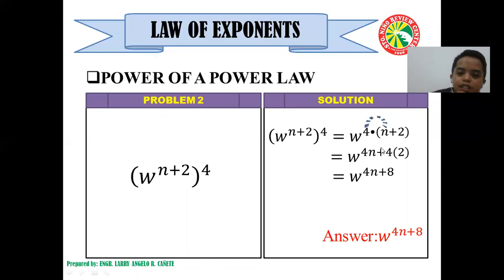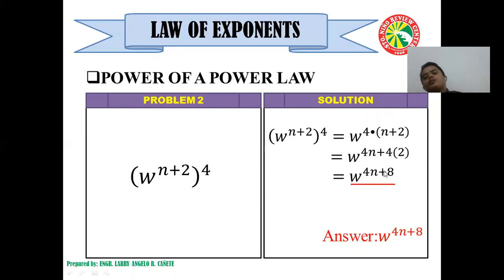That is for the distributive property. So you distribute the number outside to the inside of the parentheses. So 4n, and then 4 times 2, of course, plus in between. So simplifying further, that is 4n plus 8.